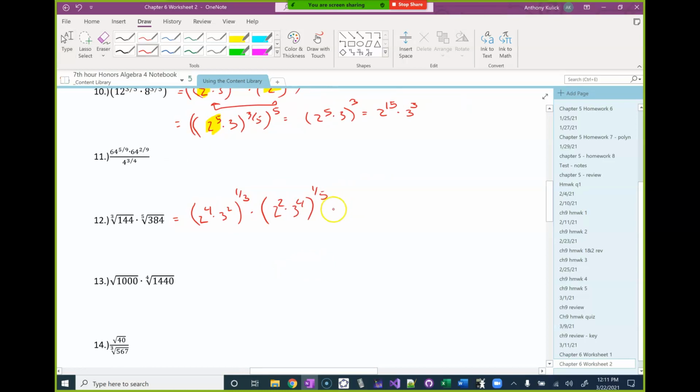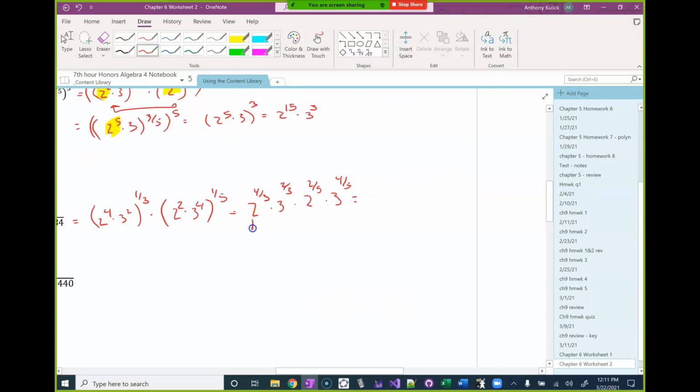Okay, so now I'm going to do my exponent of a product. So that's 2 to the 4/3, 3 to the 2/3, 2 to the 2/5, 3 to the 4/5. Then I can combine those 2's together by adding their fractions. To add those fractions, I need a common denominator.